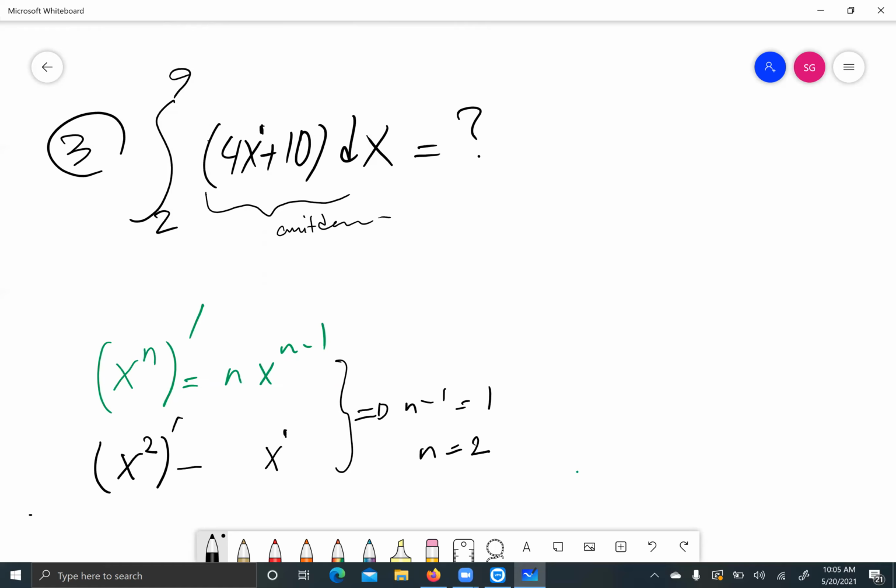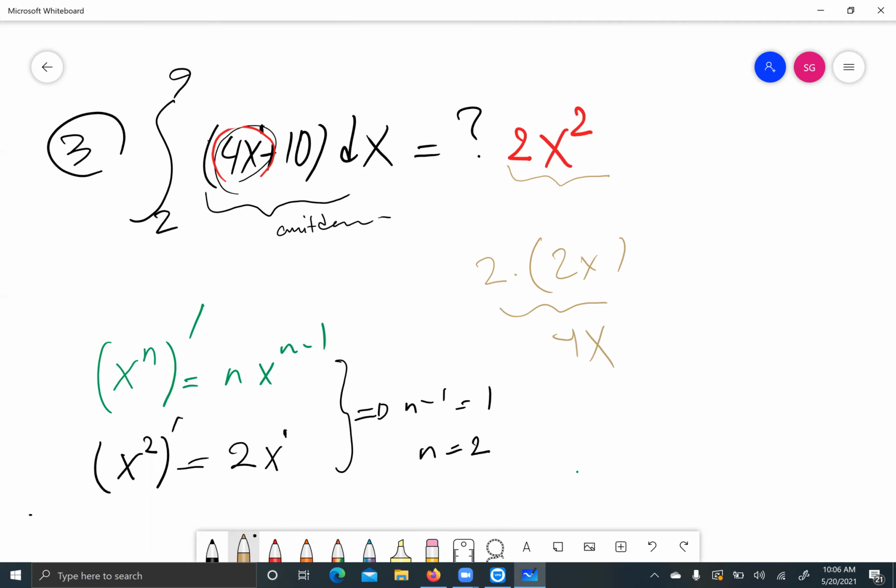Now, if you take the derivative of x squared, it's going to give you 2x. But here I have 4x, so it was multiplied by 2. Take the derivative: it's going to be 2 times 2x, so that gives me 4x, right?